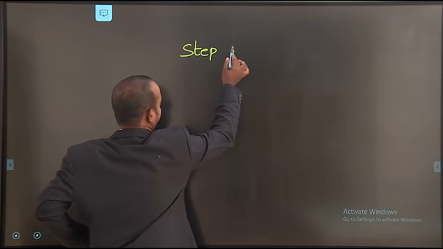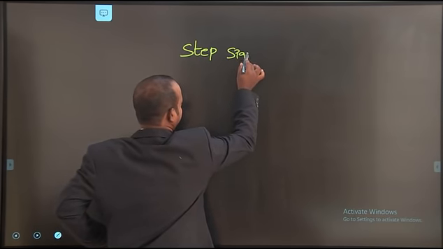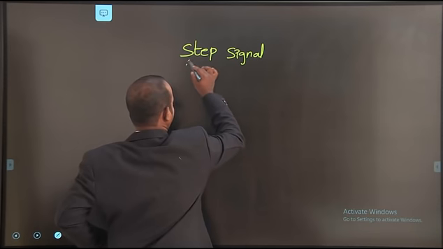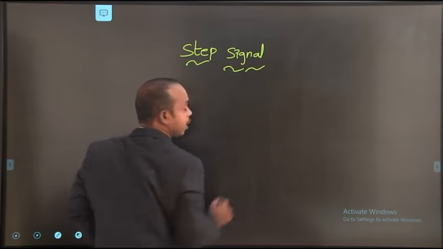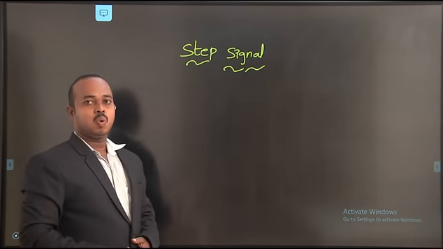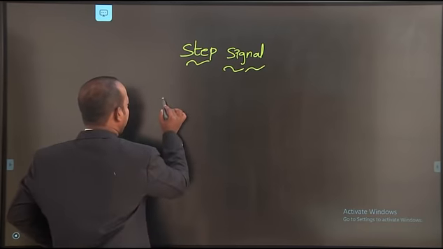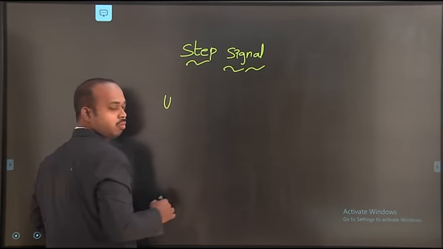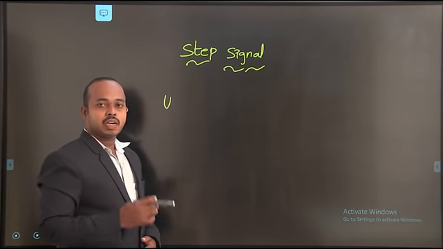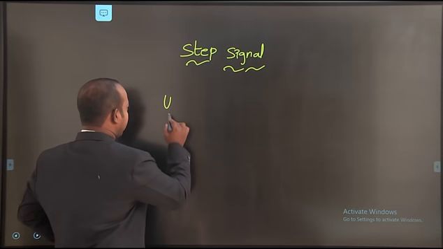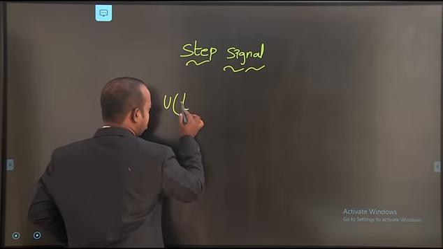Step signal. According to the definition of the step signal, here the notation is U, and for continuous time, the notation is small t.